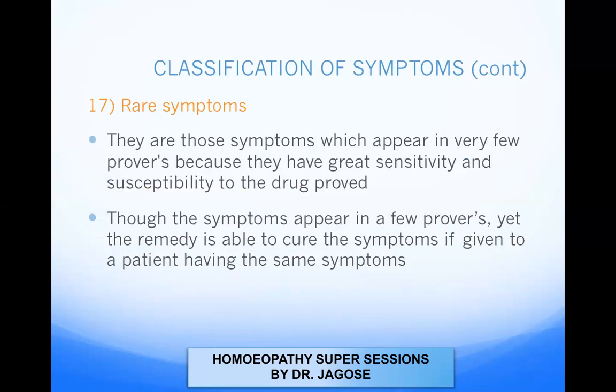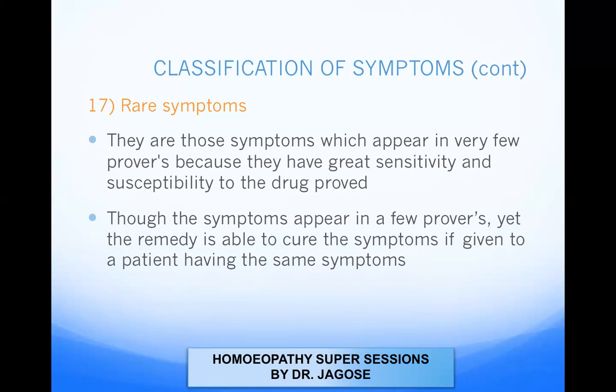Rare symptoms are those symptoms which appear in very few provers because they have a great sensitivity and susceptibility to the drug. So out of a group of provers, maybe only one prover will have these rare symptoms, because the person has a very great sensitivity to the drug.